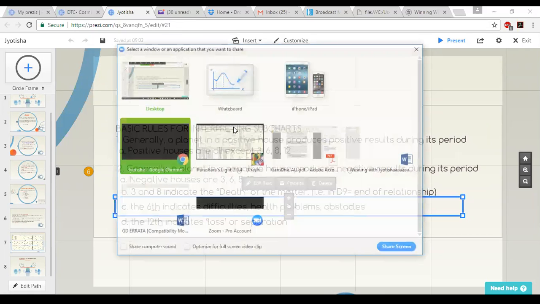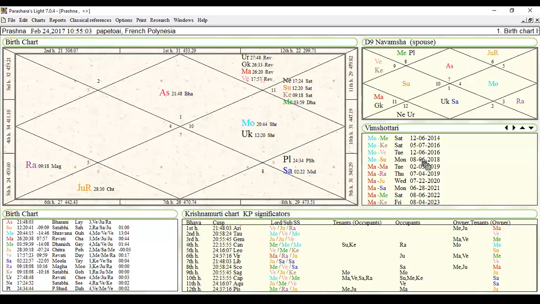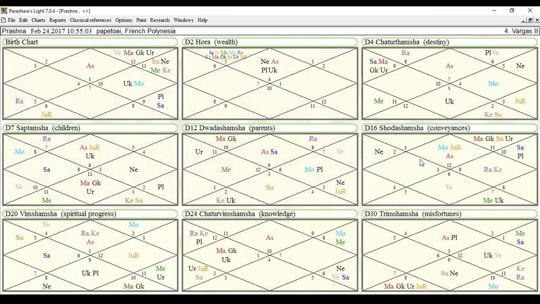So again, coming back here, let's find a planet in the 6th house of a subchart. So here we go. Look at the D12. The D12 talks about your parents.